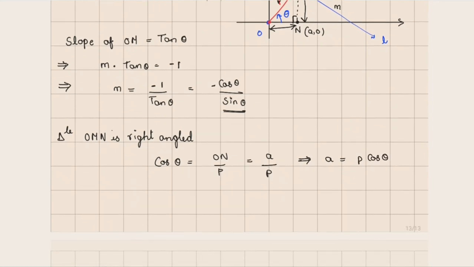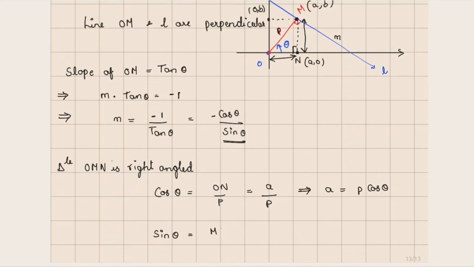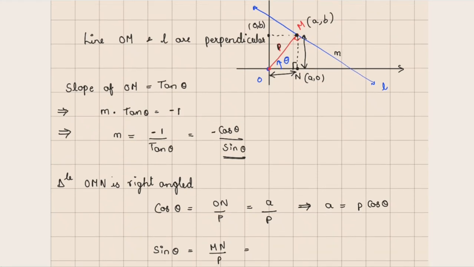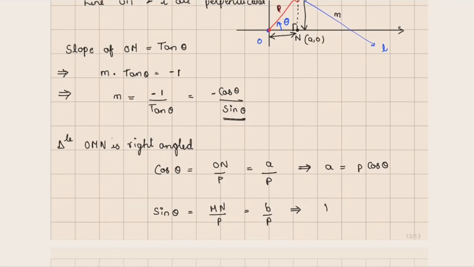Similarly, sin theta equals opposite side by hypotenuse, which is MN by P. We know MN is nothing but B, the ordinate of point M. That implies B equals P sin theta.